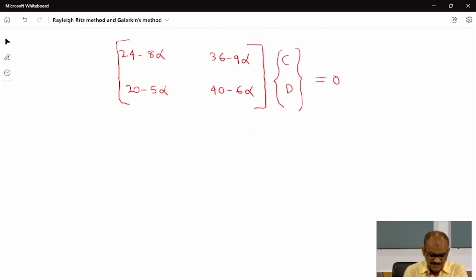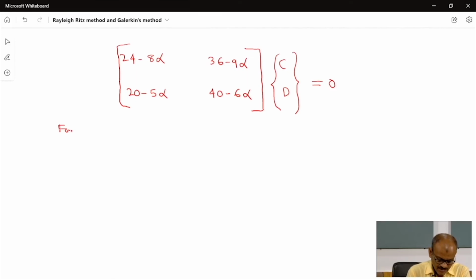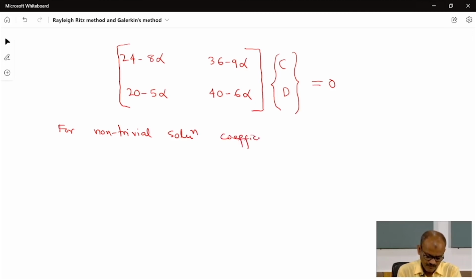For non-trivial solution, the determinant of the coefficient matrix is equal to 0.